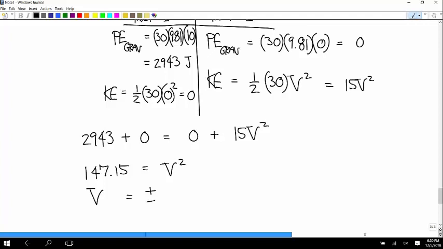Divided by 15, did I do that wrong? It's 196.2. Okay, so the square root of 196.2 is 14.0 meters per second.